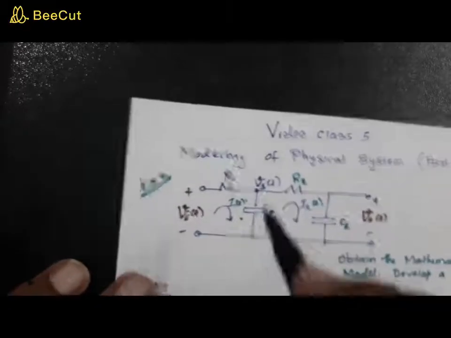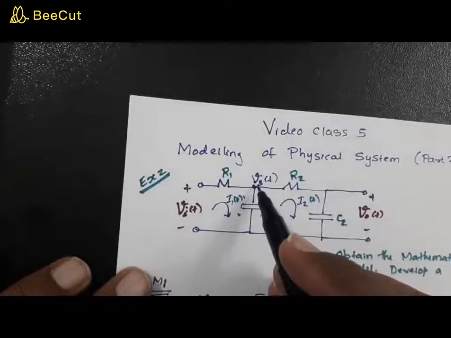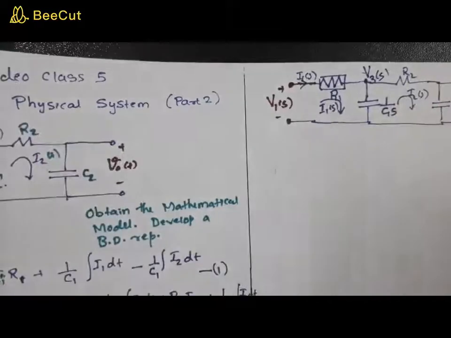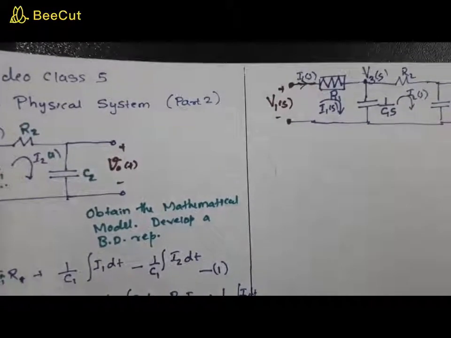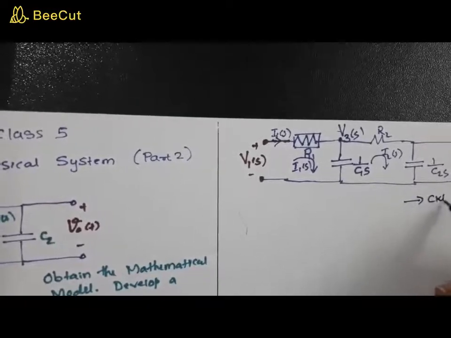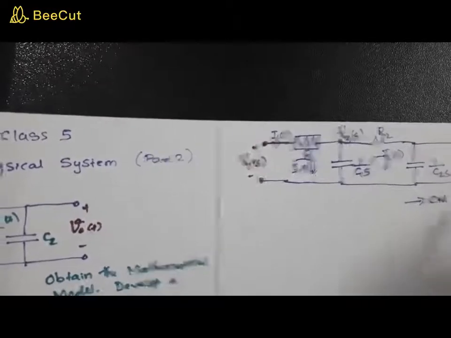Now there is one more node voltage which is marked in the question, that is V3 of t. Obviously this V3 of t will be V3 of s, right? This V3 of t will be equal to V3 of s. So what is this? This is actually the circuit in S domain.